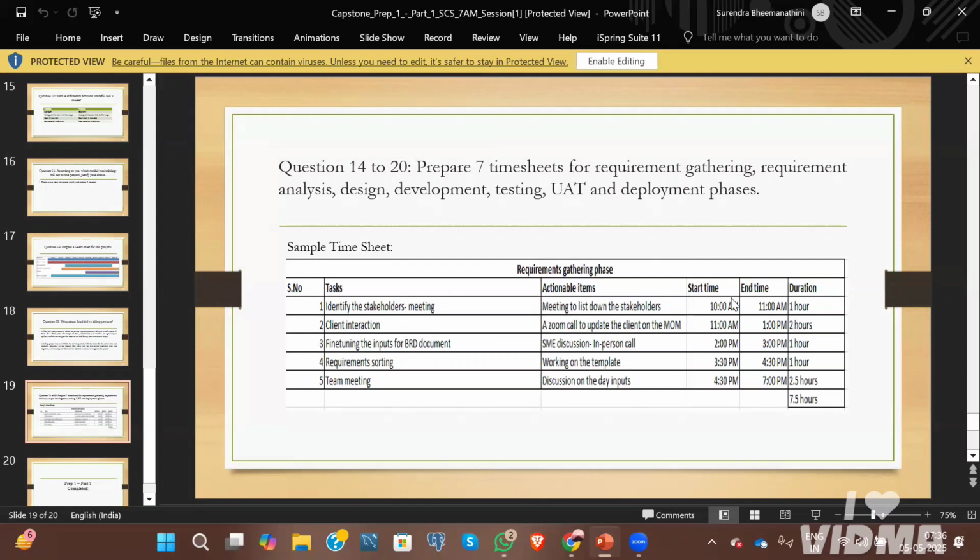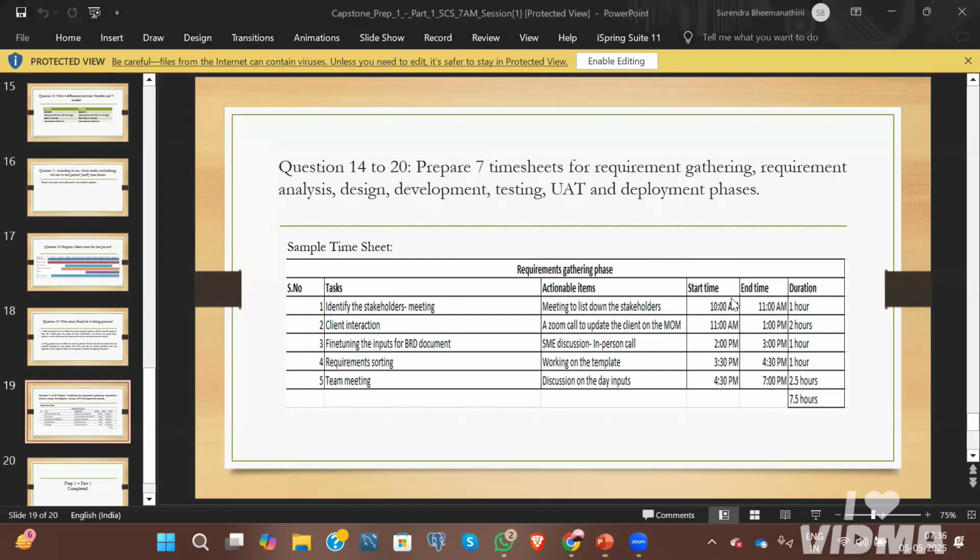So he has to record how much time he spent on each particular task as a BA. The same goes for the development team, design team, testing phase, requirement analysis, and UAT phases. So you need to prepare these timesheets.